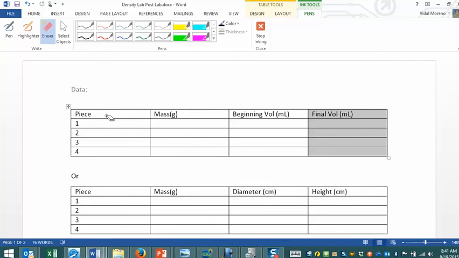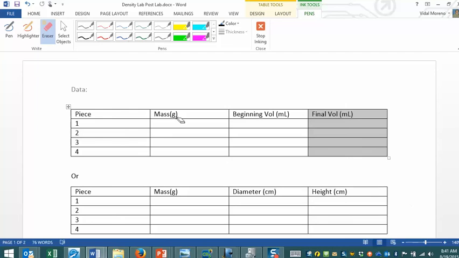So, if you did water displacement, is this not what it should look like? The piece, right? Number one is the smallest piece, number two next, number three next, number four largest, and you can label that if you want. Mass. Now what happens if I put a G in parentheses there? You don't have to put units over it. You do not have to say G, G, G, G. A lot of you guys did that.